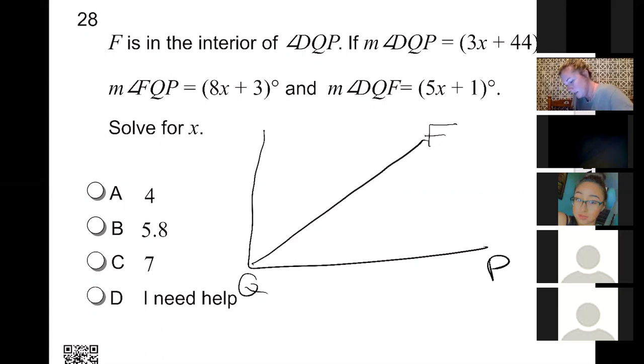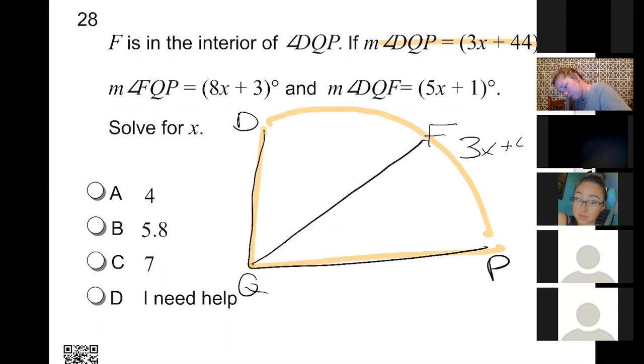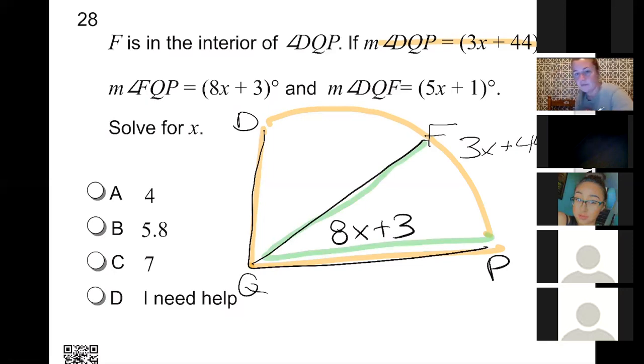It says DQP right here, DQP, and that's the outside, is 3x plus 44. And then it tells us that FQP, so F to Q to P, right here is 8x plus 3.